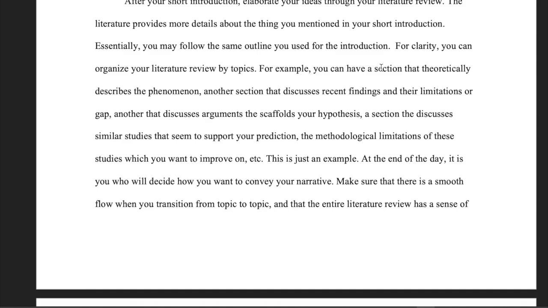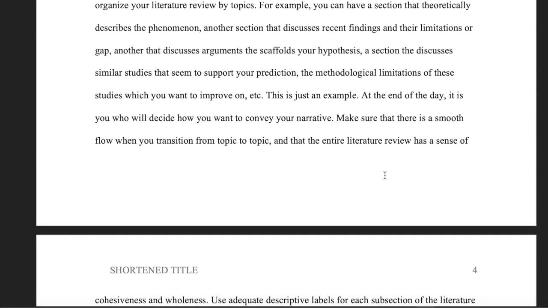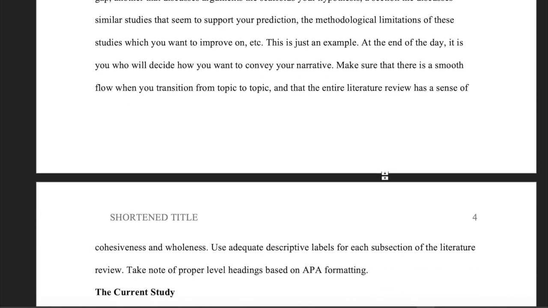For example, you can have a section that theoretically describes the phenomenon, another section that discusses recent findings and their limitations, another that discusses and scaffolds your hypothesis, a section that discusses similar studies that seem to support your prediction, methodological limitations of these studies, and then discussing what you want to do, your objectives and your hypothesis.